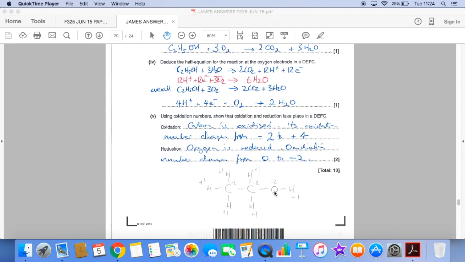We've got an oxygen, which is -2. So from 2 carbons, we need -4 to keep neutrality in the molecule, and so each carbon must be -2. In CO2, it's +4. So carbon's the one that's oxidized. Its oxidation number changes from -2 to +4. It's pretty tricky, that one.